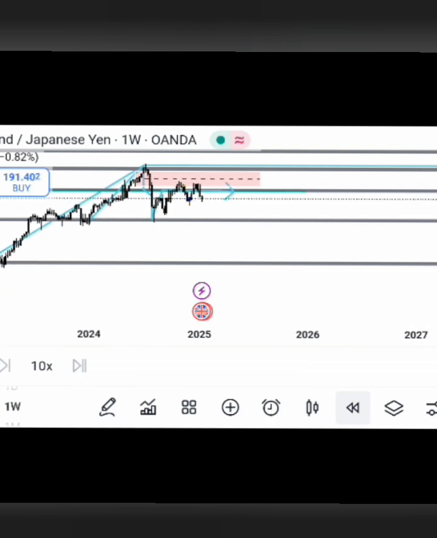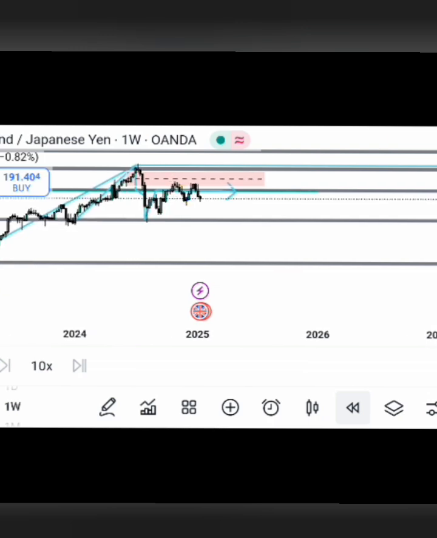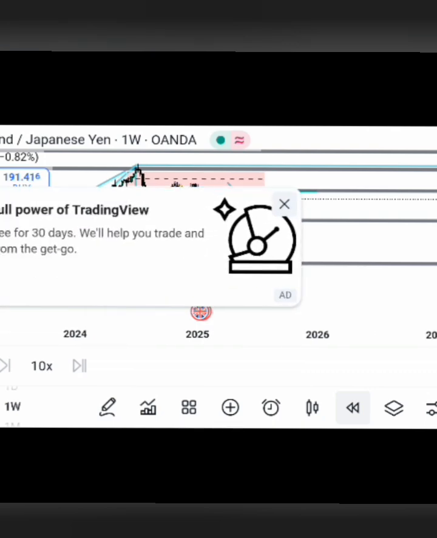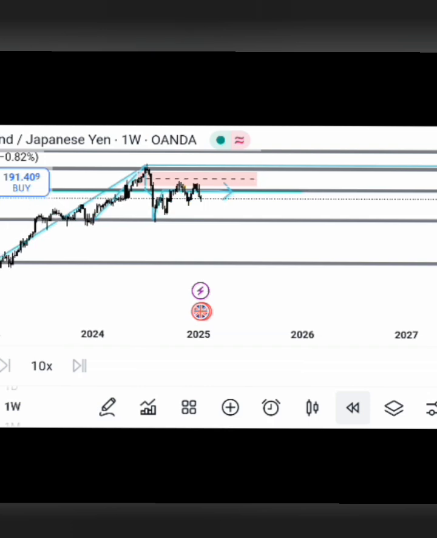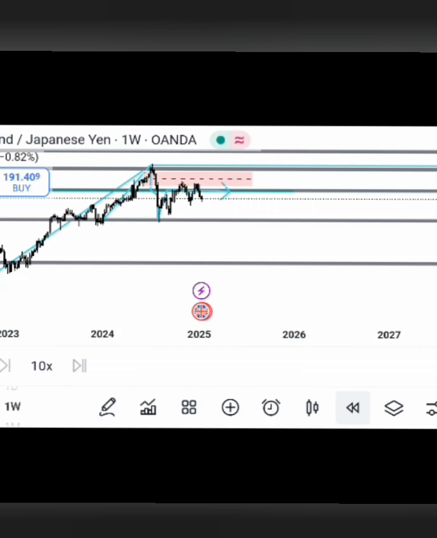What is this thing telling you? So it means that this on weekly basis is giving you M pattern confirmation. Who is seeing what I'm saying? M pattern confirmation to show that this retest is happening, isn't it?